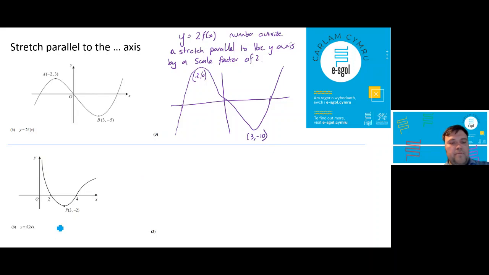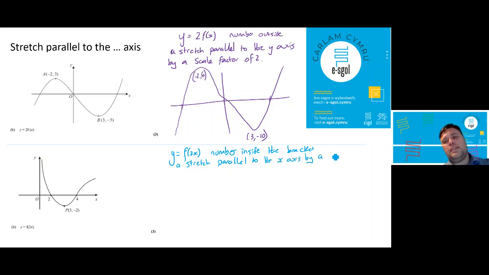And then the next one, notice the number is inside the bracket again. So if we have y equals f of 2x, number inside the bracket, it would be a stretch parallel to the x-axis by a scale factor of a half.